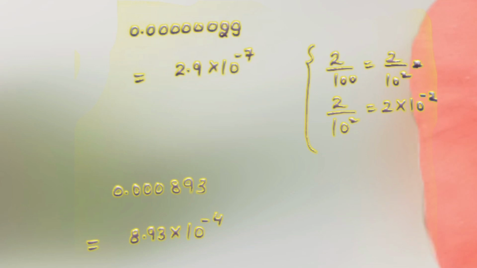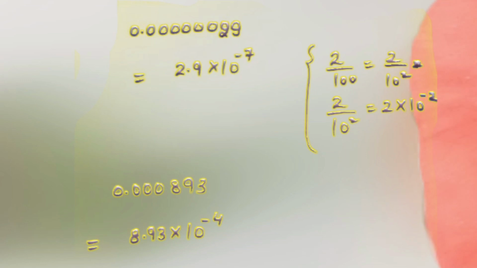Similarly, the next example: 0.3 times 0, 893. Now for 893, put a decimal after 8, 8 decimal 93 multiply 10 raised to power minus 4. How does 10 raised to power minus 4 come? Because you have shifted the decimal after 8.